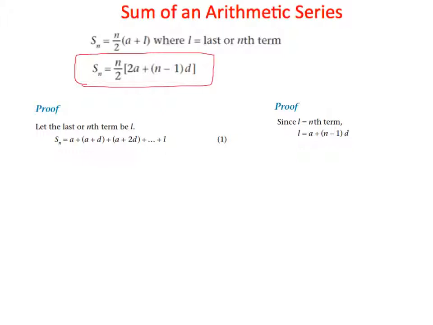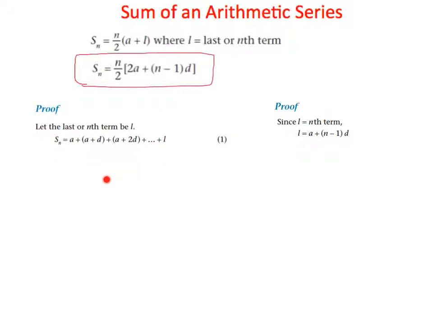And you saw at the beginning of the last video that you need to know the proof for where this formula comes from. So just going through the proof over here now. Let the last or nth term be L. So we've got the sum of n terms is a, the first term, a plus d is the second term, a plus 2d is the third term, all the way up to the last term.